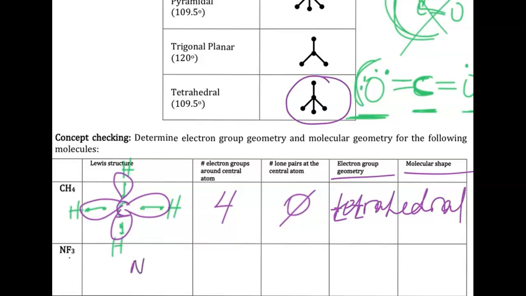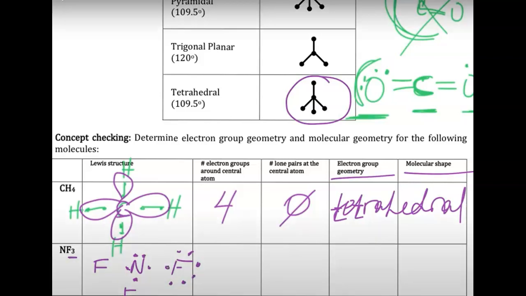Let's do another one. It's NF3. It's going to be nitrogen surrounded by 3 fluorines. Nitrogen has 5 valence electrons, and fluorine has 7.